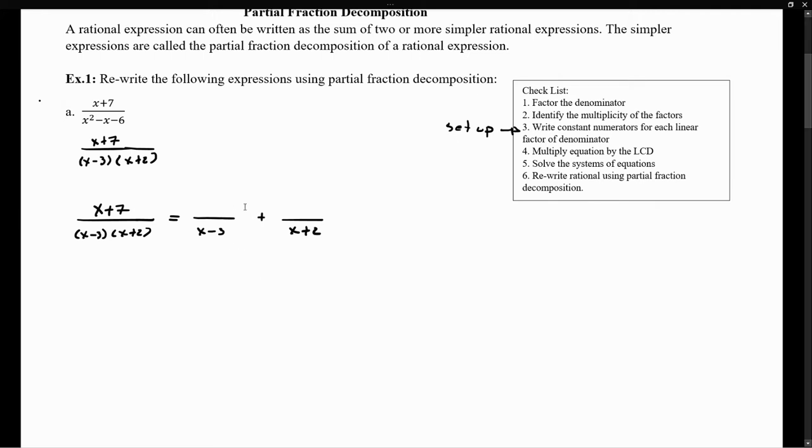And what exactly are we going to put on the numerators? Well, on the numerators, we're just going to write some constants. I'm going to let a represent the constant that will go on my first numerator, and I'm going to let b be the constant that will represent the numerator on the second rational expression. And this is the setup.